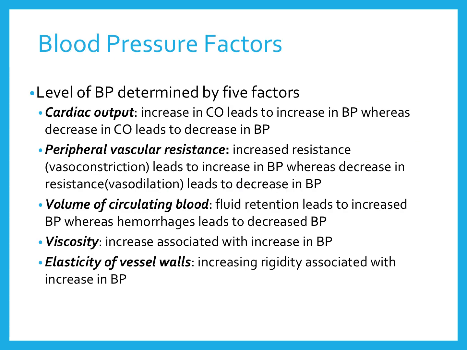So this page really explains how blood pressure is affected by different things within the body. We have cardiac output. An increase in cardiac output leads to an increase in blood pressure, whereas a decrease in cardiac output leads to a decrease in blood pressure.